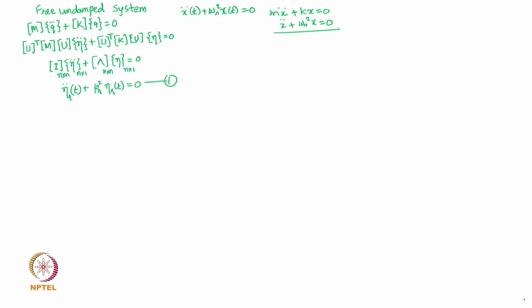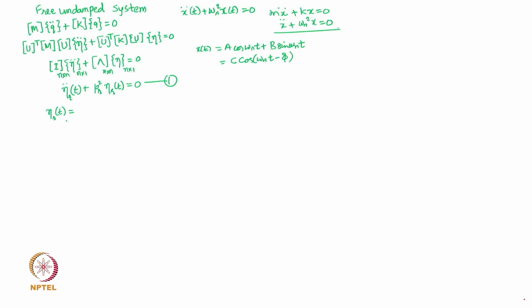So, we all know how to find the response eta r of t, and there are a couple of ways, but one way is to write the general solution like x of t equal to a cos omega n t plus b sin omega n t, or we can write this as c cos omega n t minus phi, which represents the initial phase lag.